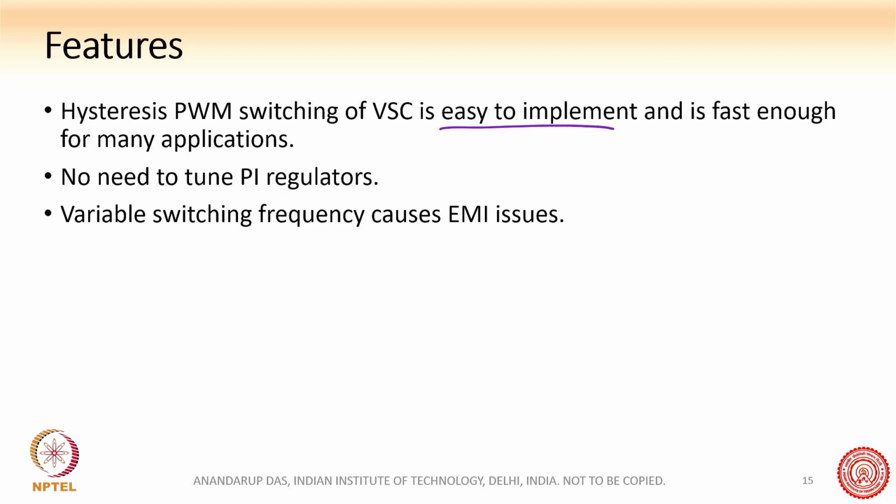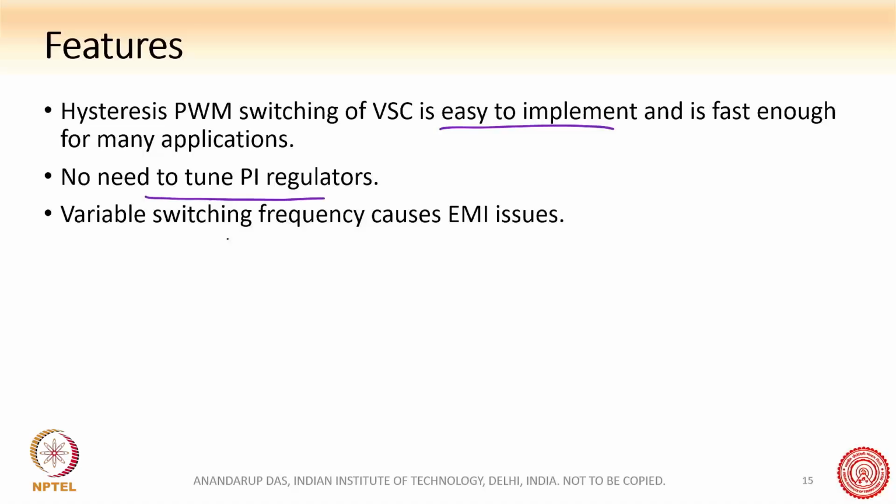You can start with hysteresis PWM using a Clark transformation, and then move into Park transformation and DQ control. There is no need to tune PI regulators. When you go to the grid oriented vector control, you will have to tune the PI regulators, which is not needed here. The drawback is that this has a variable switching frequency which causes EMI issues.